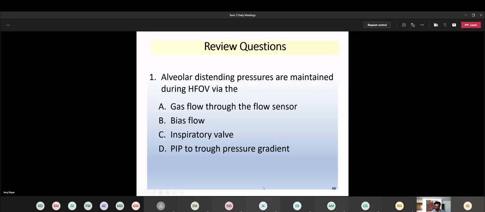Okay, now the questions that we have for chapter 17. Which one of these is going to help to keep the alveoli distended?